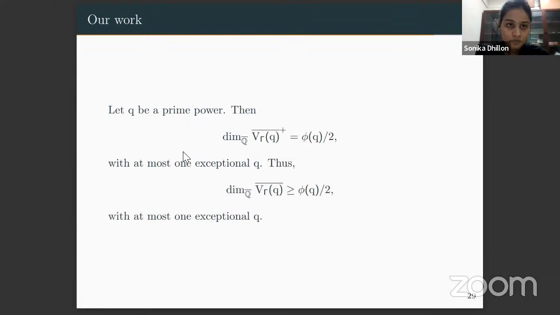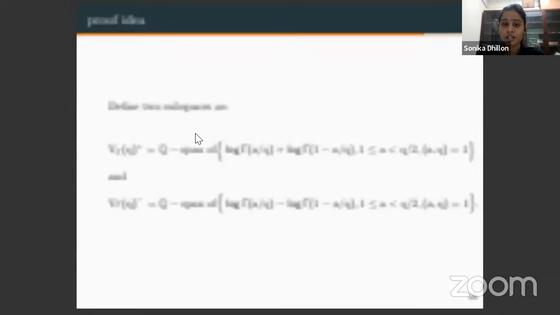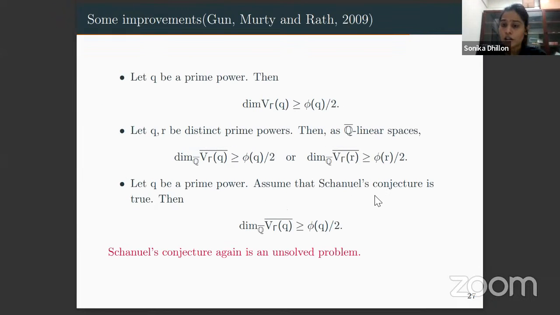Now, in this case, we have also made some improvement. For the case when q is a prime power, they have used Schanuel's conjecture to prove this, or when q and r are distinct prime powers. Now, the obvious question is when q and r are the same prime powers.